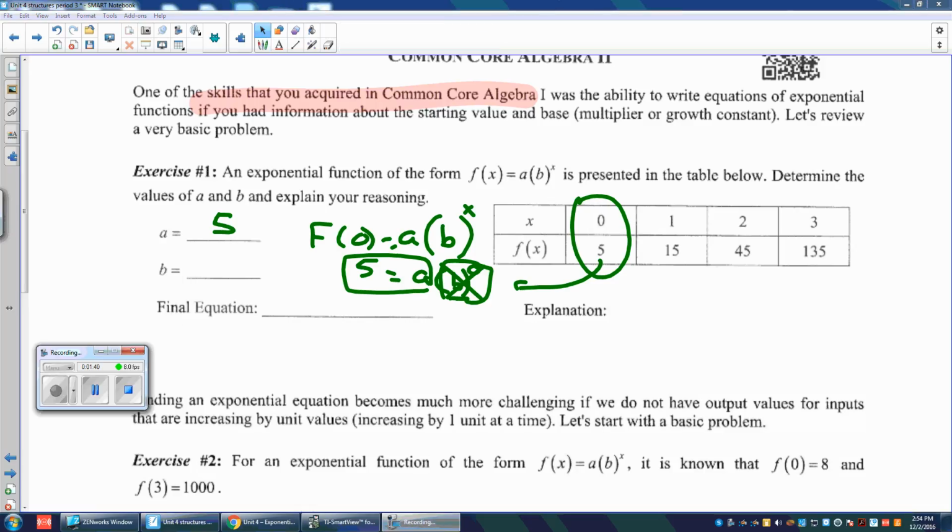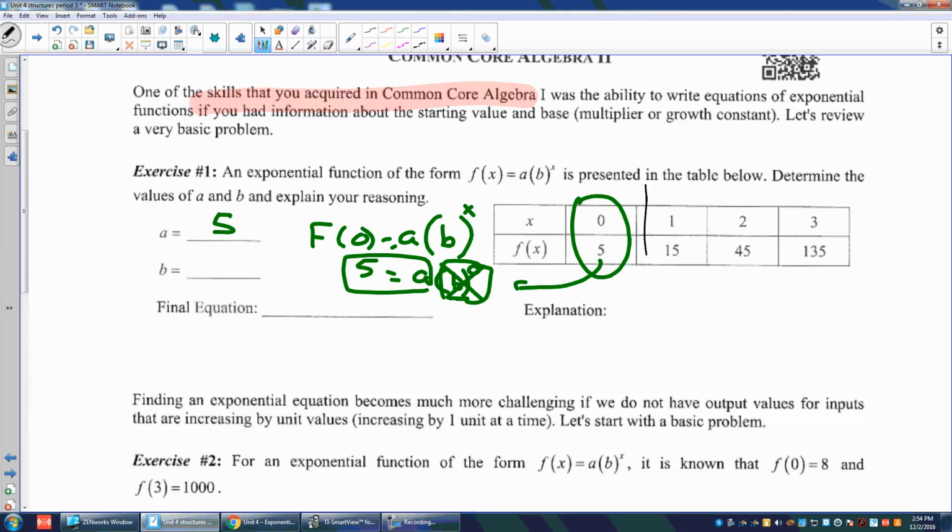So now let's figure out what b is. I'm going to grab another point. f(1) equals 5, because that's what a is, times b to the first. Remember, we're plugging in 1 for x. Now, the function evaluated at 1 equals 15.